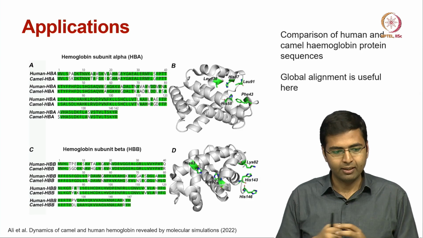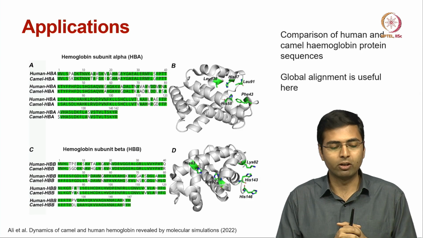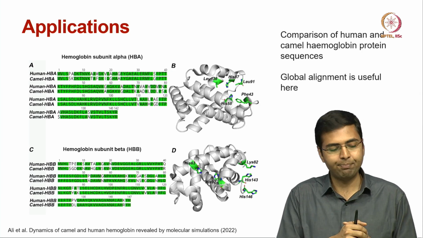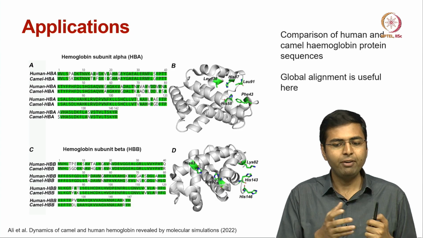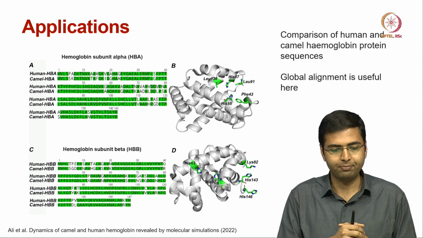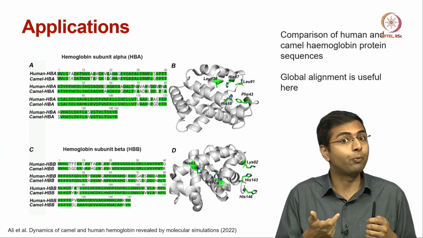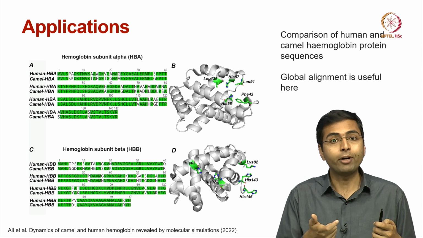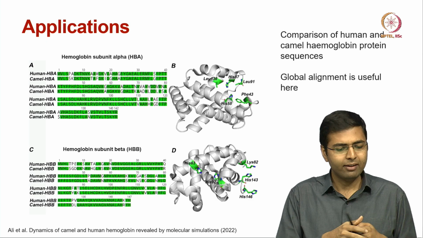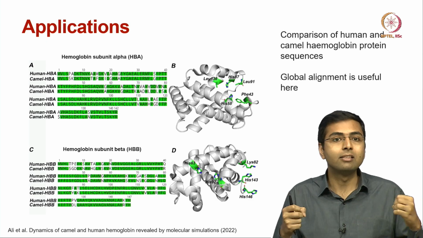Okay. So let us look at some motivating examples for why you may want to use local alignment algorithms. Let us consider the first, easiest example, where we want to compare human and camel hemoglobin protein sequences. You can expect that hemoglobin is a highly conserved sequence. It serves an important function in humans as well as camels, so we expect that the entire sequence will be highly conserved.